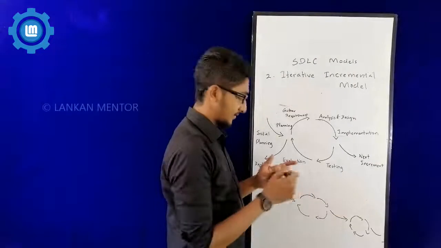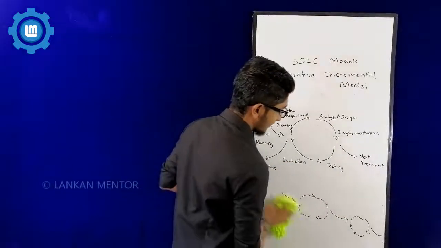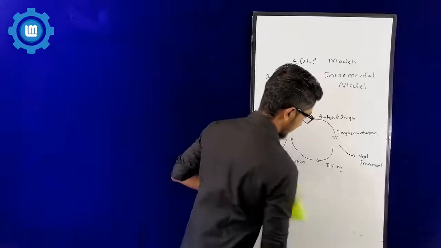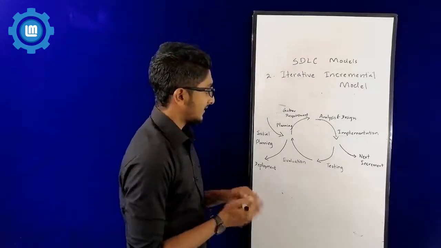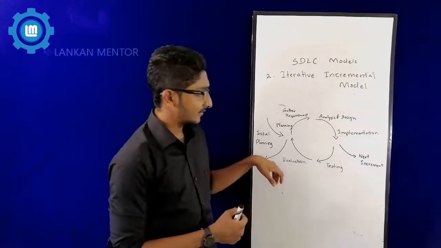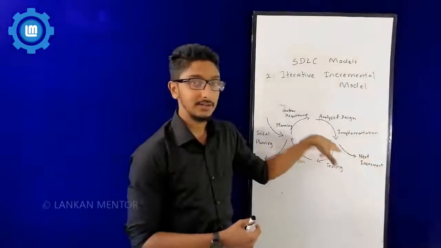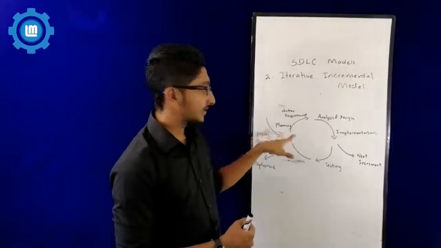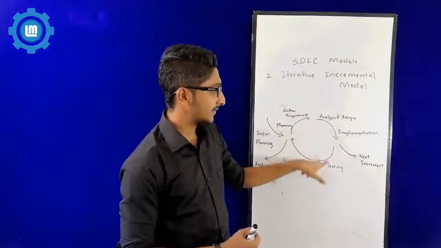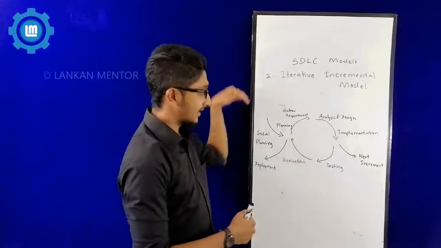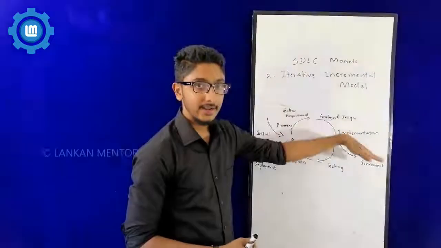It keeps on going, right? So in this part, when you deploy it, again you start the new increment, next increment. You see, the next increment comes in planning, gathering, analysis, implementation, testing, evaluation, deployment. Again here, next increment.